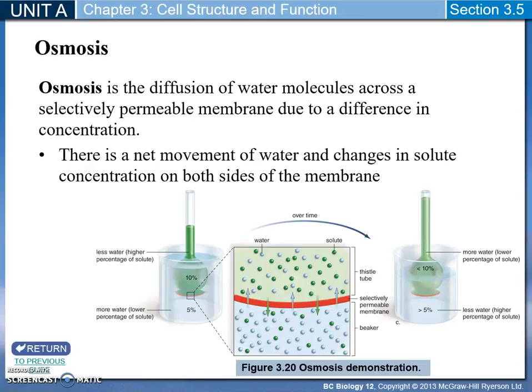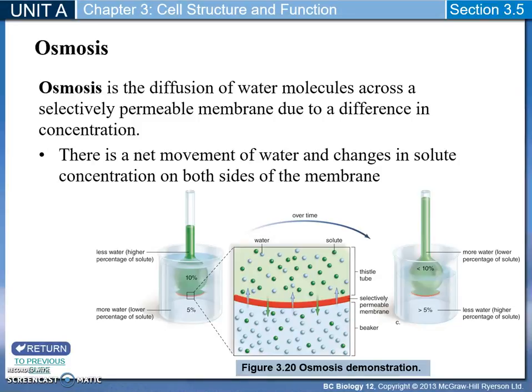Osmosis is the diffusion of water molecules across a selectively permeable membrane due to a difference in concentration. Here you have a selectively permeable membrane, which allows some substances to cross, but not others. In this case, there's a net movement of water and changes in solute concentration on both sides of this membrane.